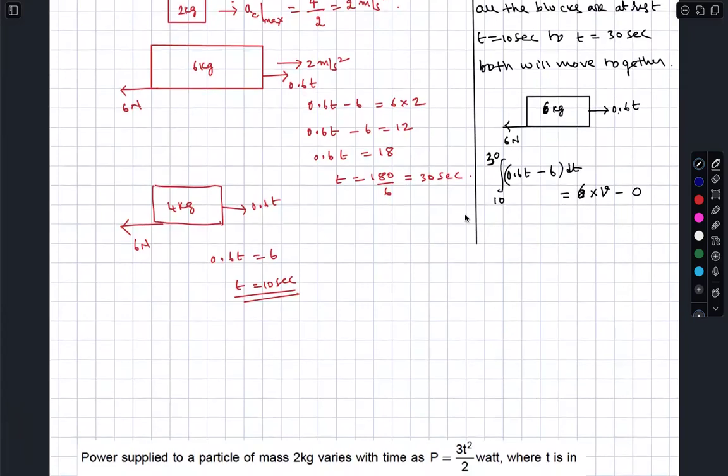Now we need to do the integration part: 0.6 by 2 times (30 squared minus 10 squared) minus 6 times (30 minus 10) is equal to 8 times V. Now we will work it out. 30 squared means 900, minus 100 is 800. 800 into 0.1 is 80, 80 by 2 is 40, minus 6 times 20 is 120, so 40 minus... implies V is equal to 20 meters per second.